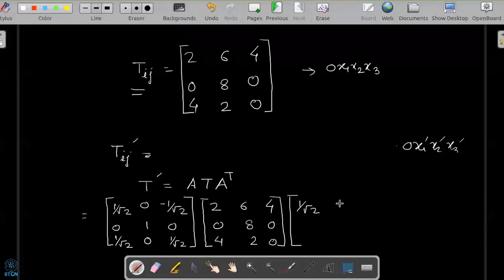So this is 0, 1 by root 2, 0, 1, 0, minus 1 by root 2, 0, 1 by root 2.